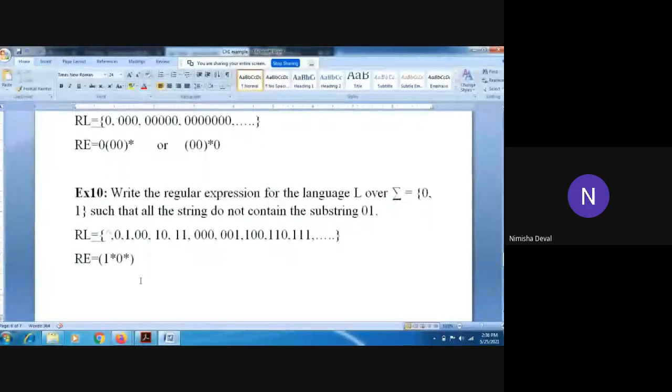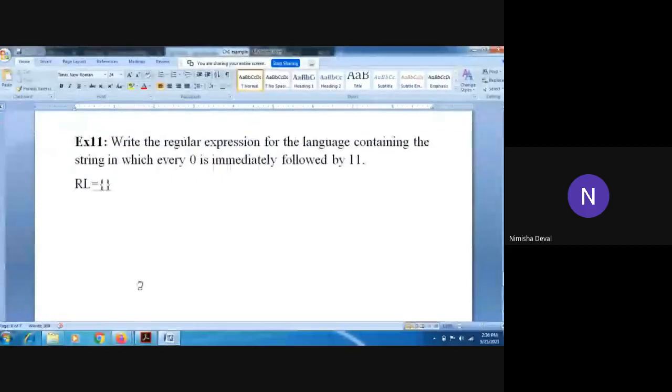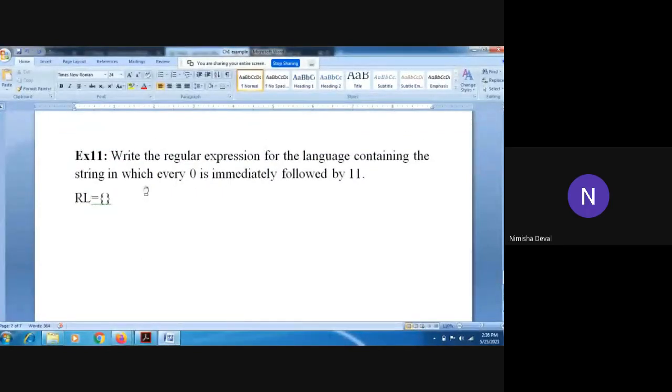And now, in the same fashion, there is one more example. This is the last example for today's lecture. Just see. Write a regular expression for the language containing strings in which every zero is immediately followed by 1 1. Whenever there is an occurrence of 0, it must immediately be followed by 1 1.